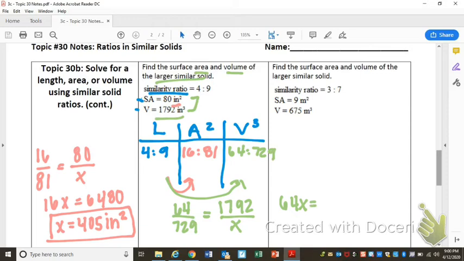So 64x is equal to another big number, which is 1,306,368. All right. Divide both of those by 64, and x is going to get you 20,412 inches cubed, which is going to be the volume for your larger similar solid.